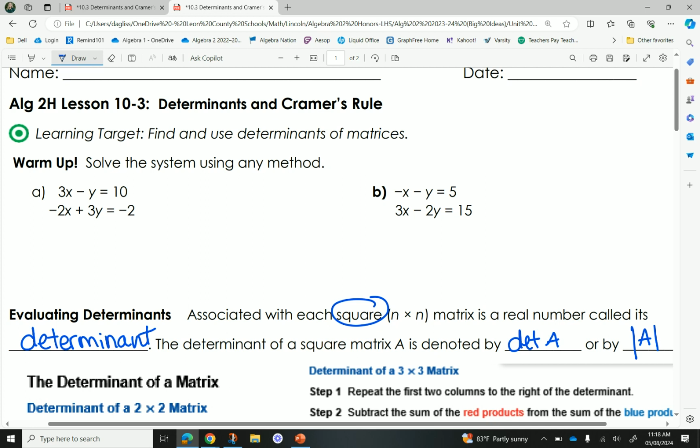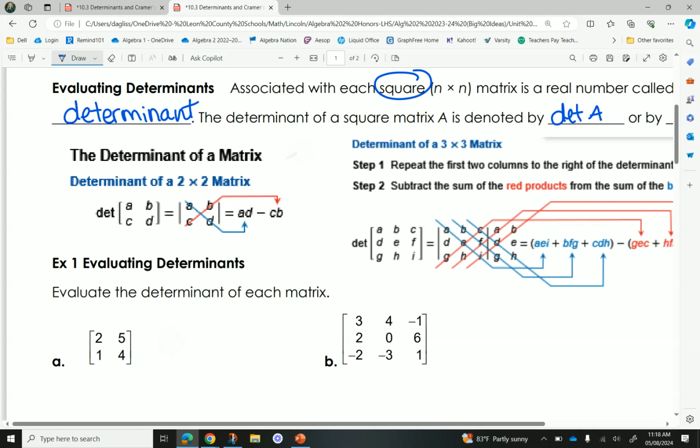Okay? Straight bars is indicating to find the determinant of the matrix. Okay, so there's a couple of ways to show how to find it. Okay, it's possible with any square matrix. We're going to stick with 2 by 2s and 3 by 3s. All right. We good? Obviously, we're going to do a 2 by 2 first.